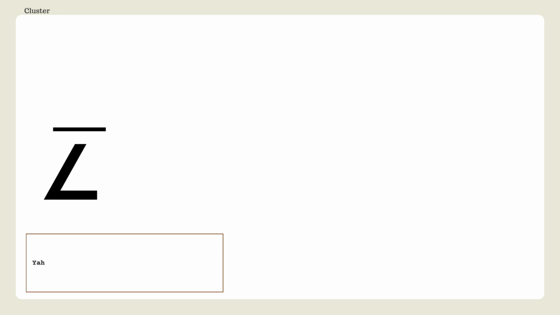Next cluster is ya, a Y sound. Remember the dash at the top is an indicator of where the consonant will be, so the cluster is underneath the consonant. We have a similar vowel that looks like this except the leg is straight, so keep that in mind.